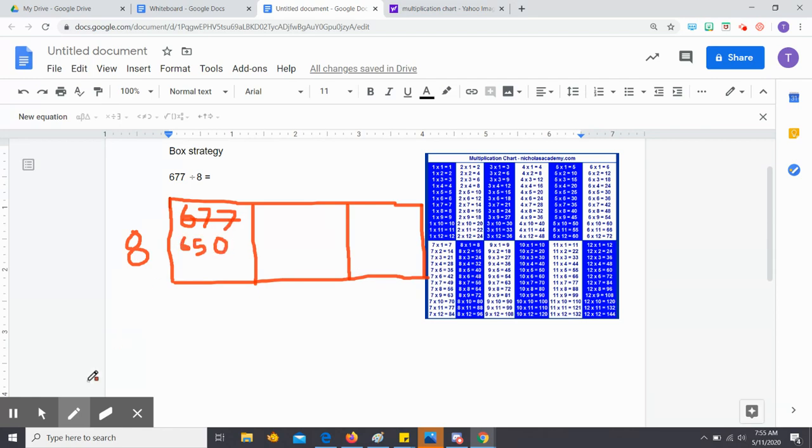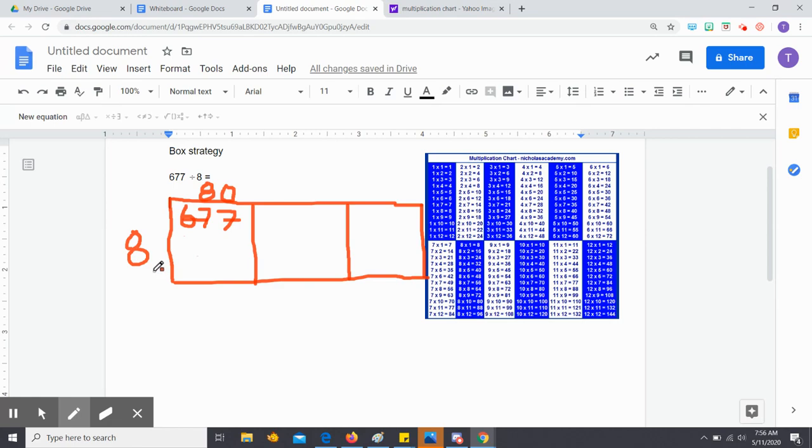But I'm not actually using 65 or 650. I'm still using 677. So I'm still going to use my 8, but remember that because I'm working with hundreds, it's not 8, it's 80.